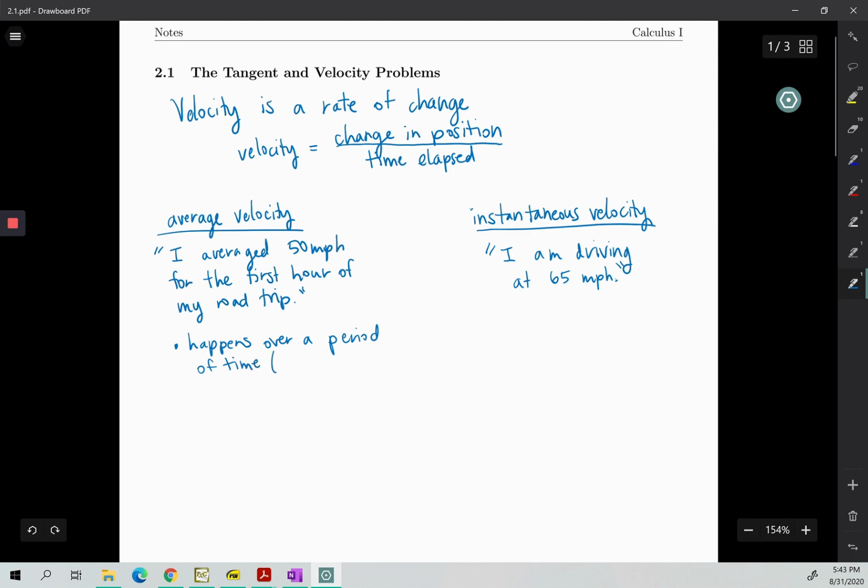Or in terms of functions, this is over an interval. Right? And instantaneous velocity happens at a single point in time.